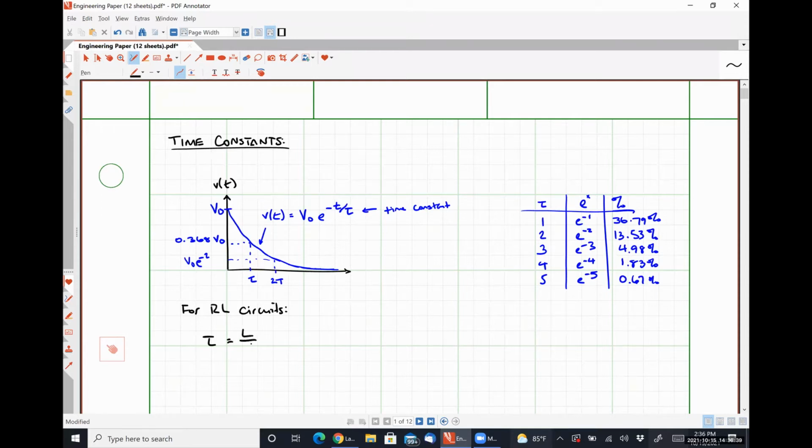Because we know that for RL circuits, we have some initial value e to the minus R over L times t, which means tau should be the inverse of that thing that's being multiplied by t, right? Similarly, for RC circuits, we will have tau is equal to what? 1 over RC, okay?